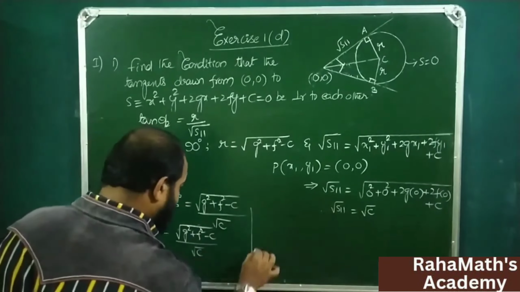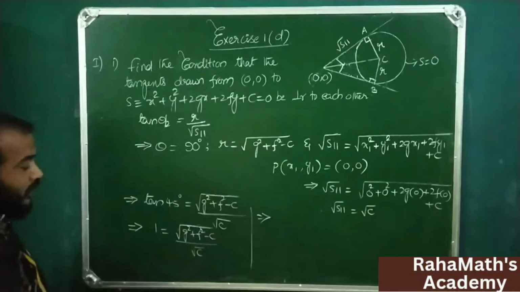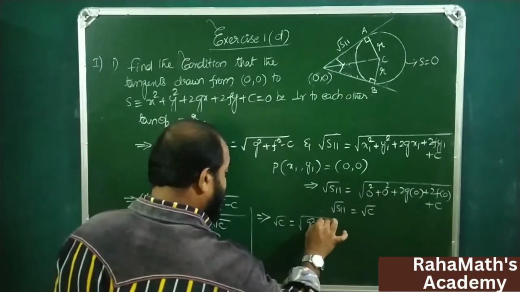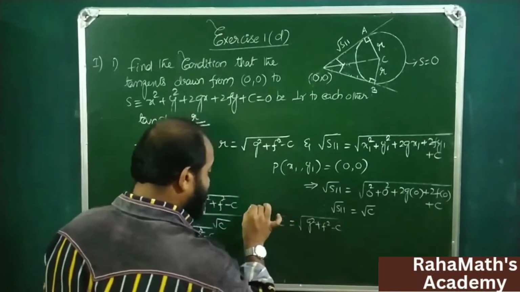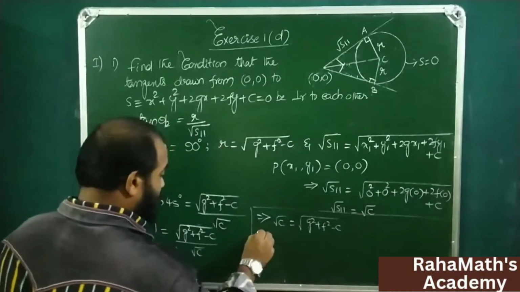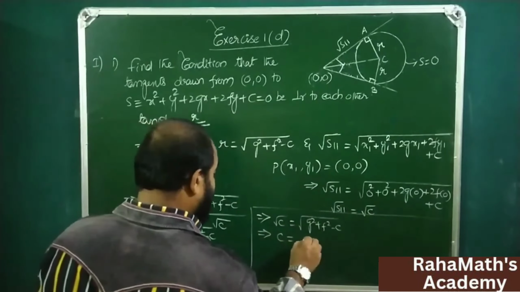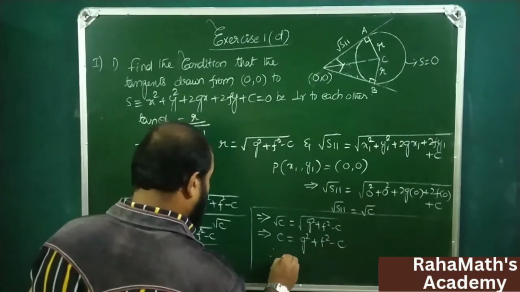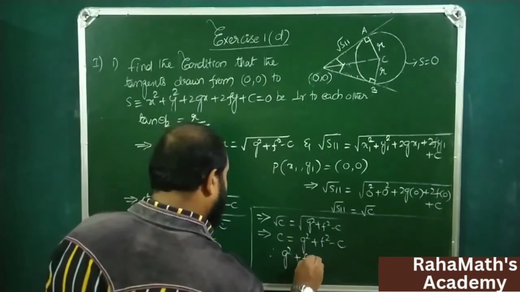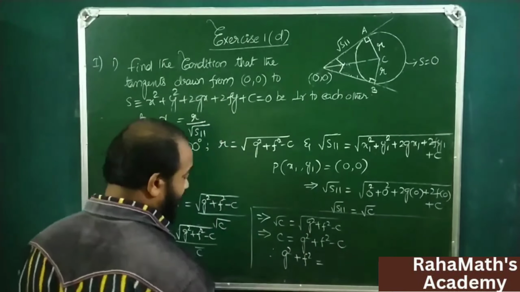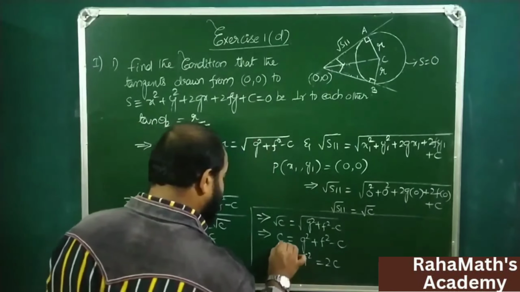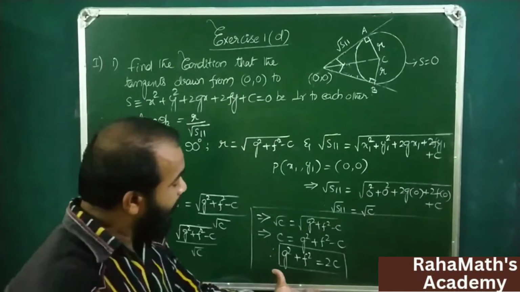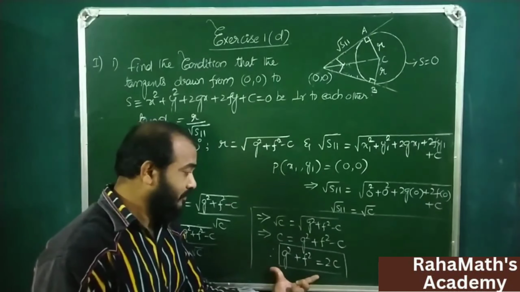If you cross multiply, root c is equal to square root of g square plus f square minus c. Squaring on both sides, c is equal to g square plus f square minus c. Therefore g square plus f square is equal to 2c, if you bring it here. So this is the condition for the two tangents to be perpendicular to each other.